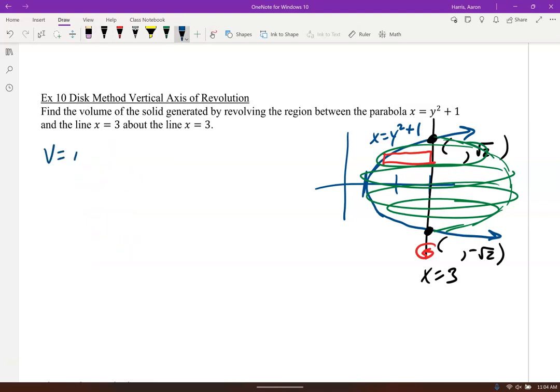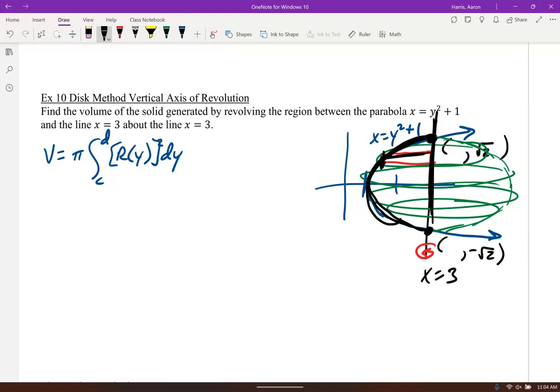The volume is pi, integral from c to d, representing y equaling c and y equaling d. Okay, and when you're doing these, you want to go the right hand minus the left hand. So the right hand is x being 3, minus the left hand, which is y squared plus 1.